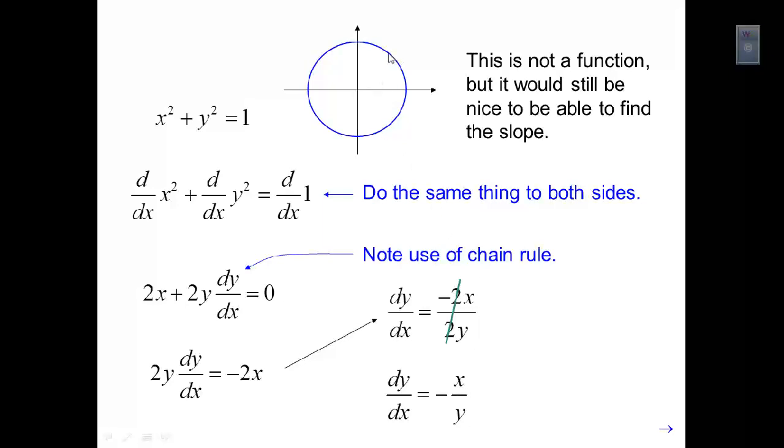Well, if (1, 1) is on there, guess what's also on there? (1, -1). And that would give me a slope down here. If I plug it in, I'm going to get a slope of positive 1. So this equation will find the slope anywhere on that circle. All we have to do is pick a point that's on the circle, plug the x and the y parts in right there, and calculate it, and that's going to give you the slope.